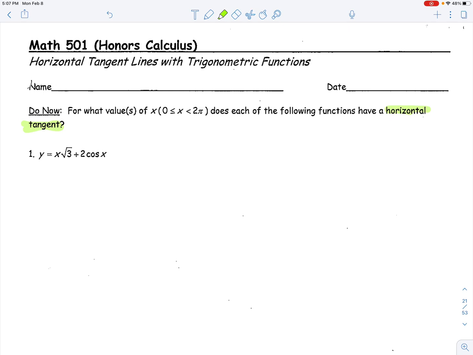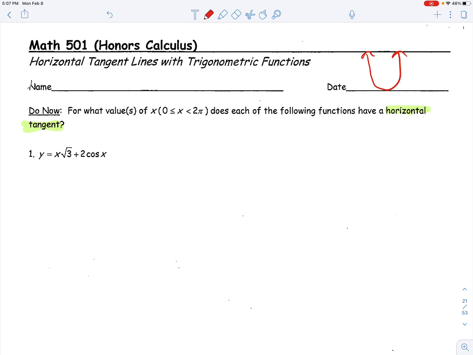I think we talked about this before in another unit. Horizontal tangent. What do we know about the slope of the horizontal line? All right, what's going to be the slope?